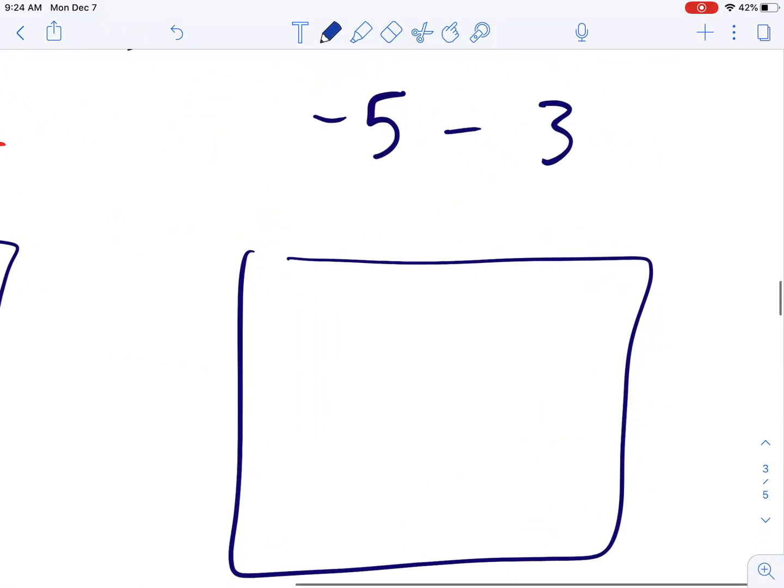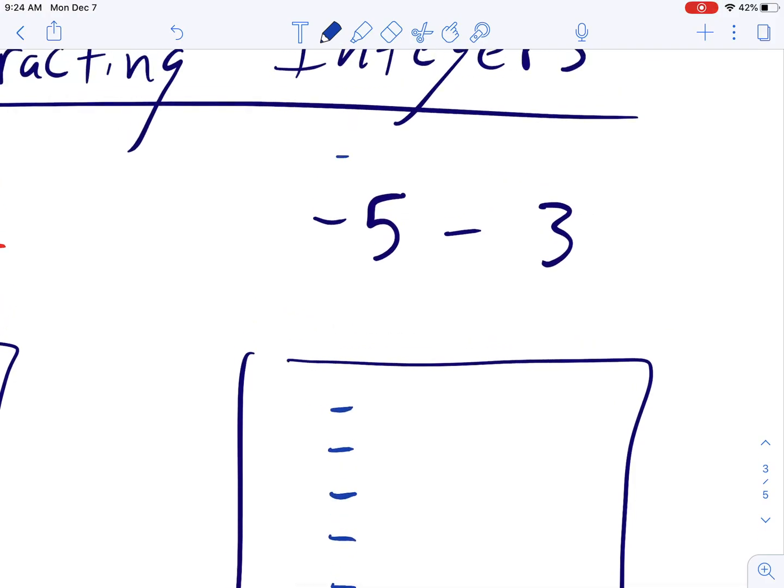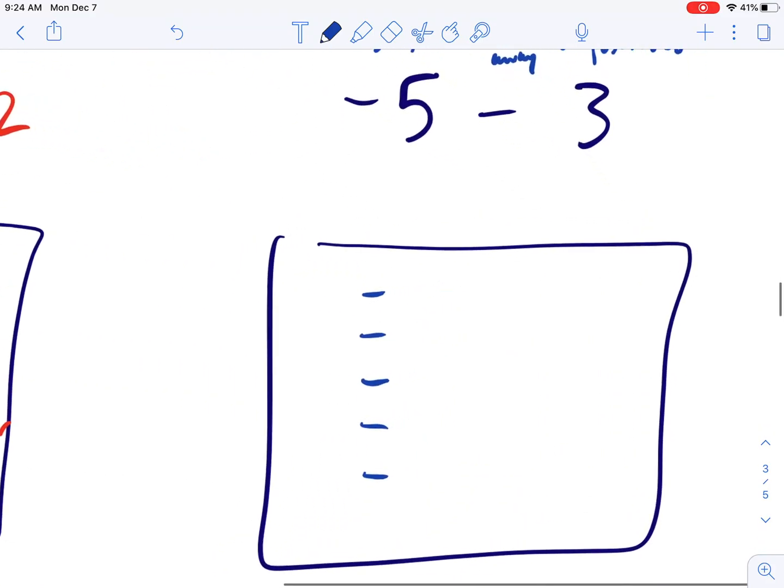Okay, so let's try another one. So here we have negative 5 minus 3. So we start with 5 negatives, 1, 2, 3, 4, 5 minus signs. So this is like 5 negatives, take away 3 positives, okay? So we have 5 negatives and we need to take away 3 positives.